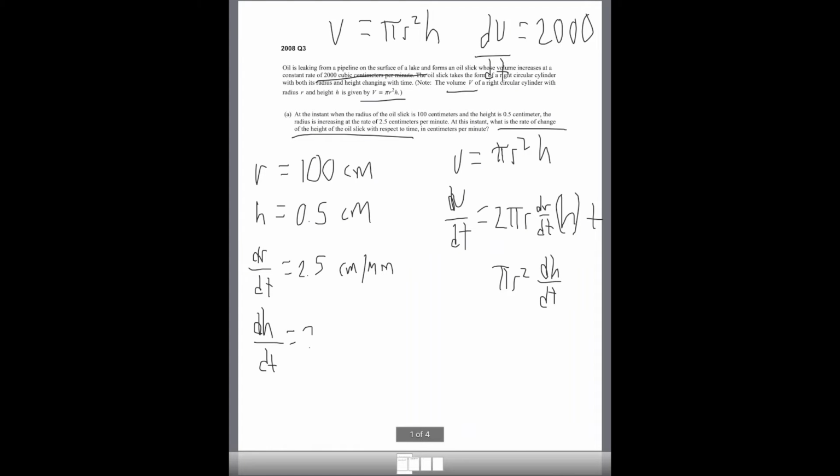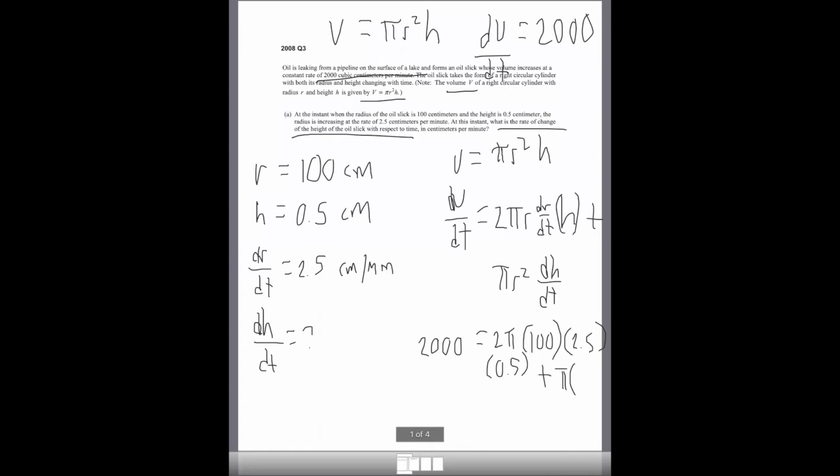Okay. So once you have your formula, all you have to do is plug in. And that's really the simpler part of it. So that just becomes 2000. The 2 pi, that just becomes 100 centimeters. We have a dr over dt next, so that's 2.5. That's 0.5 because of the h, plus, and then it becomes pi.